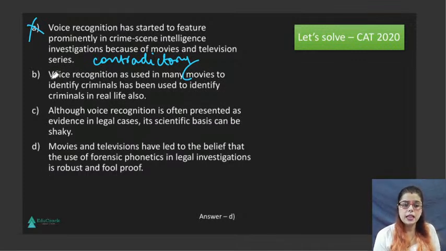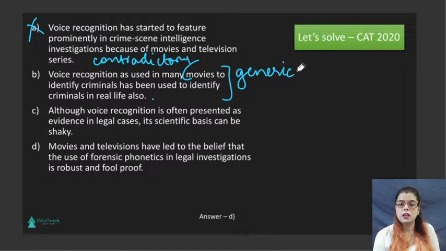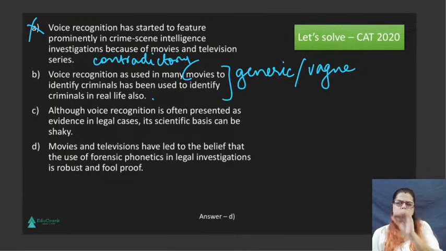Option B says, voice recognition as used in many movies to identify criminals has been used to identify criminals in real life also. Generic, vague, does not capture the essence. It focuses only on a very small part of the passage where it says that voice recognition is used in movies and in real life. That is what they have said already. But what is the idea?